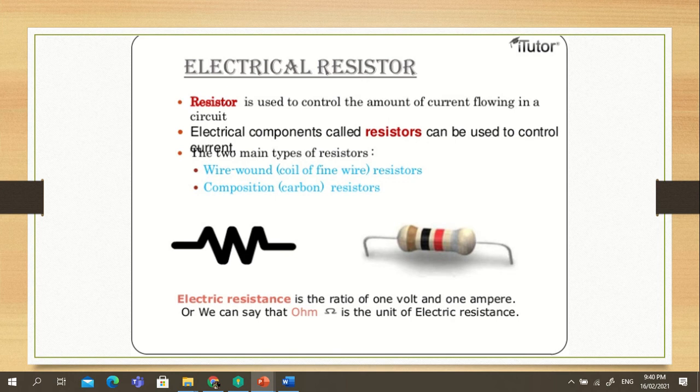And there are two main types of resistors. We have what we call wire wound, or coil of fine wire resistors, and we also have the composition, that is, carbon resistors. Whatever type of resistor it is, we have the same calculations.